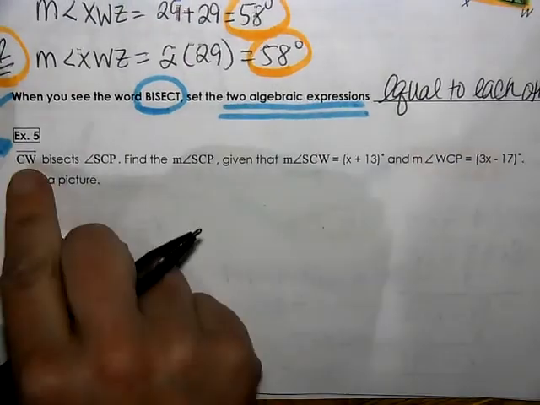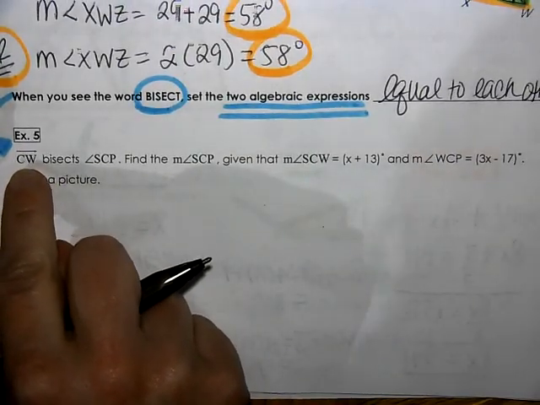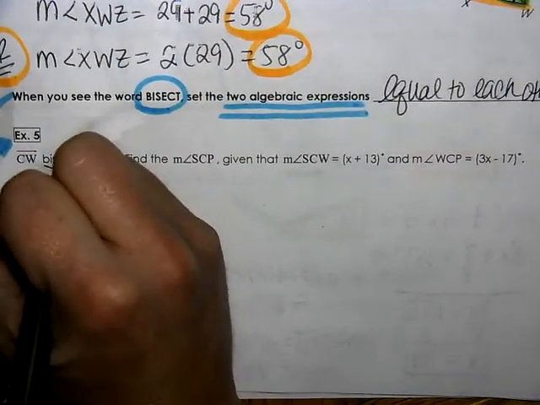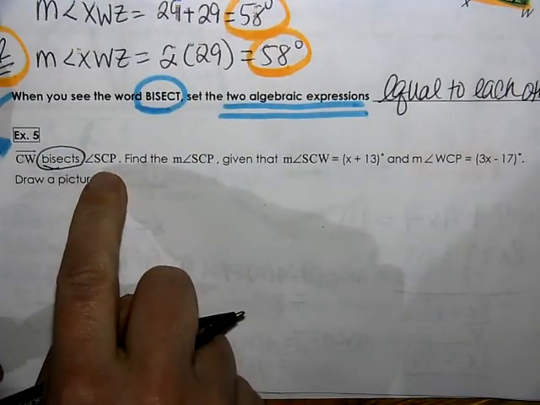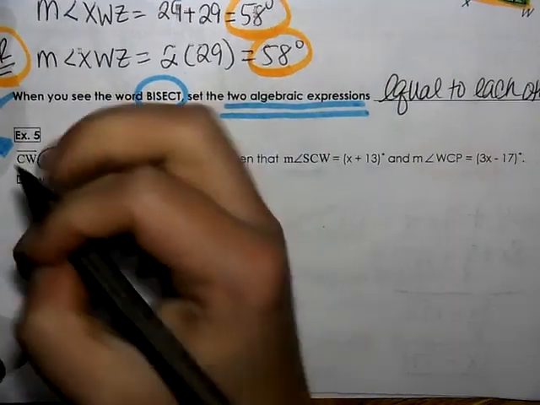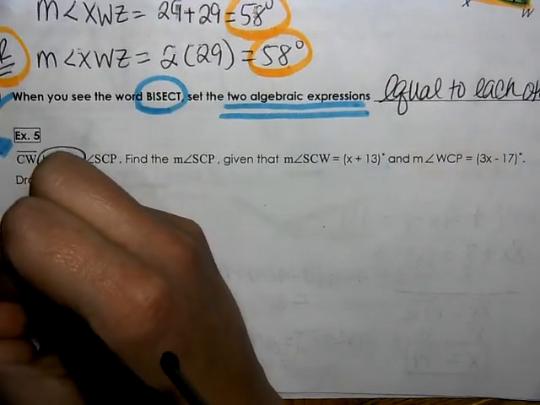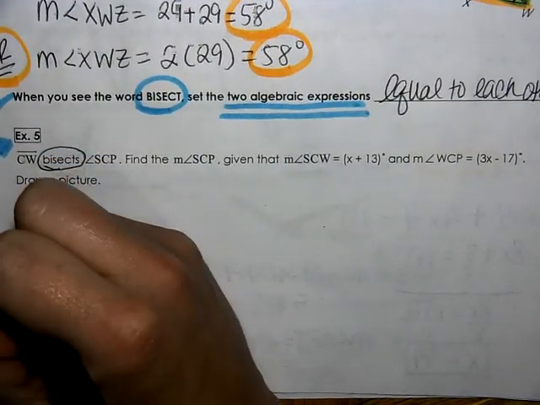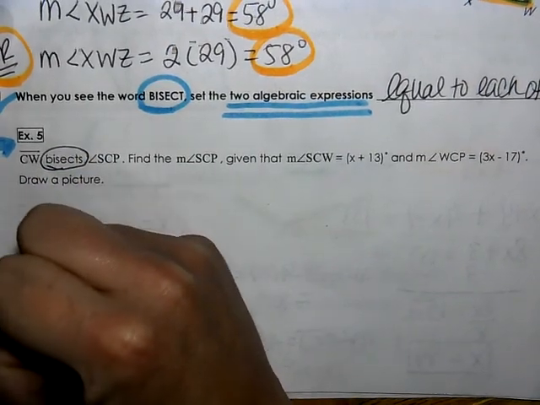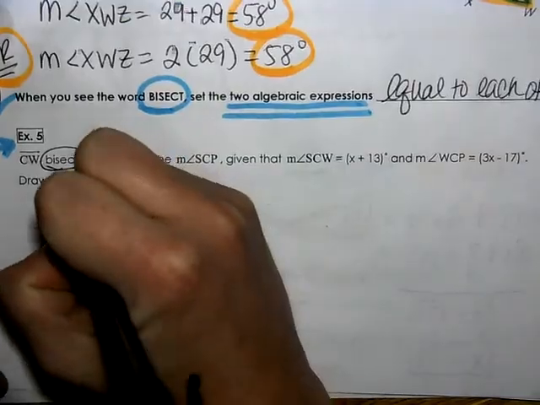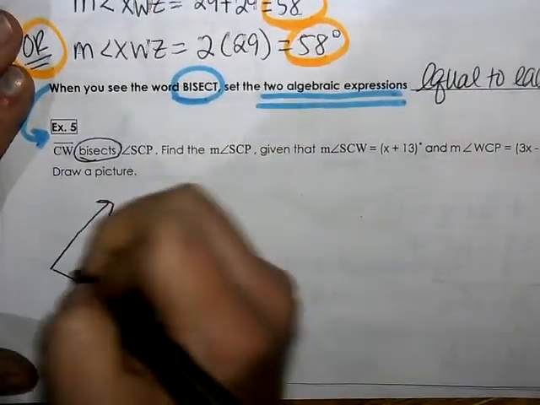In this problem, we have ray CW bisects, there's that word bisect again, angle SCP. Let's draw this picture. All right, so I'm going to draw angle SCP. I don't know what that angle looks like, but I'm going to do the very best I can with it.